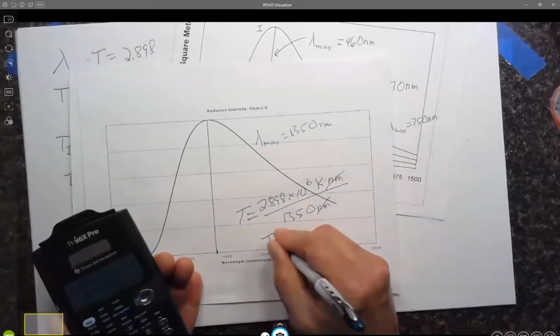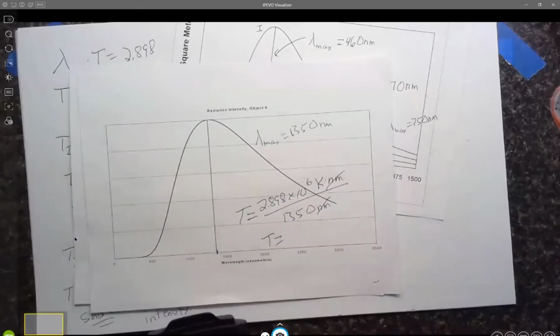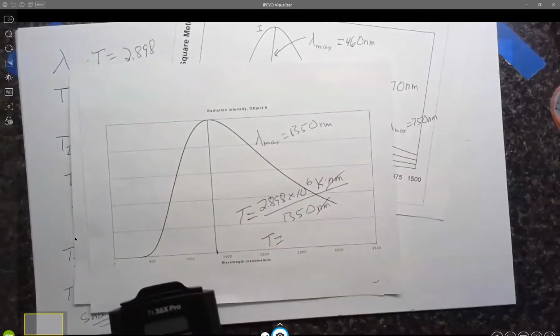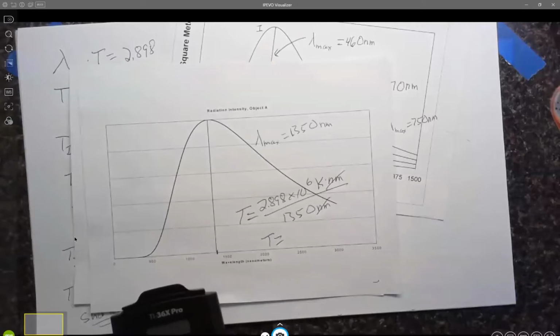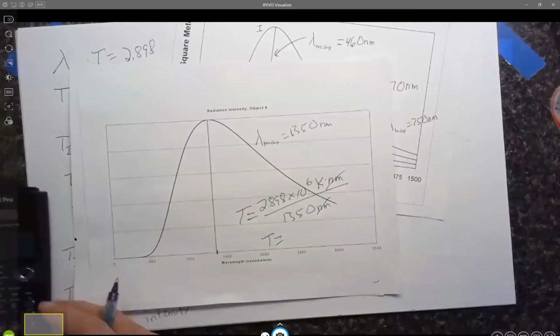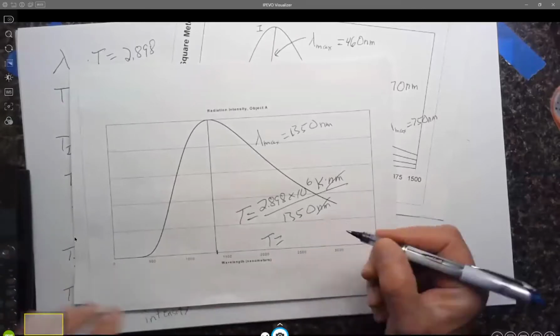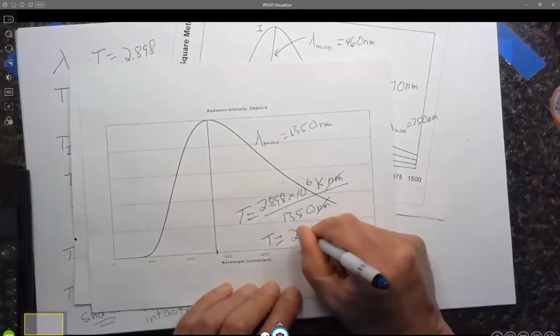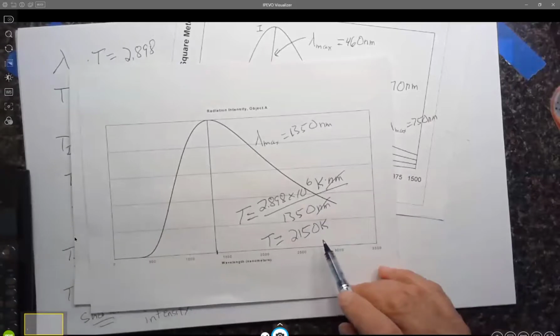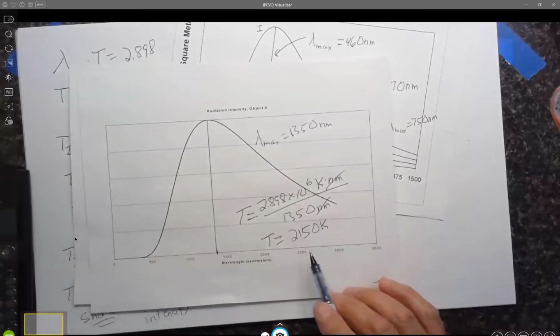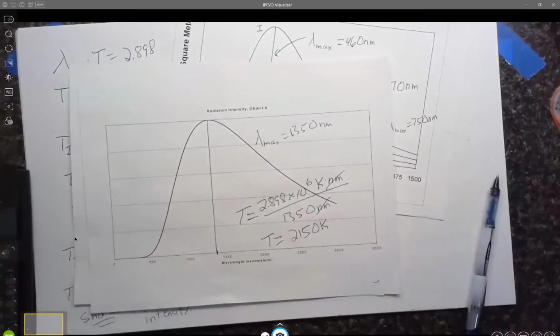The temperature of this object, for this one, I get about 2,150 Kelvin, which is a very low temperature for a star, actually. That's not very hot at all.